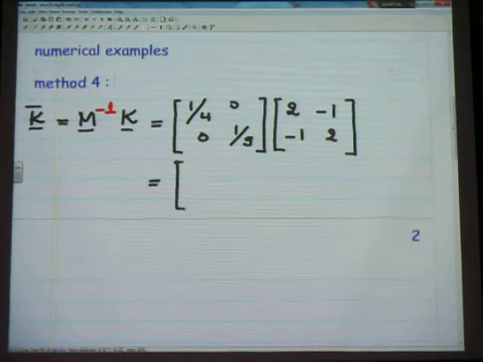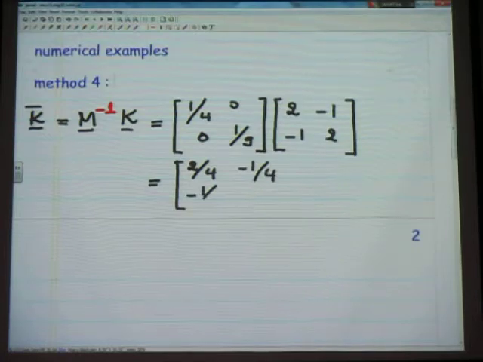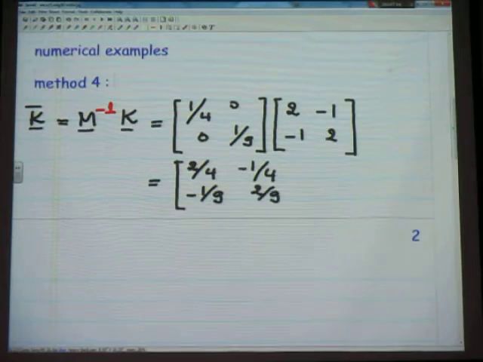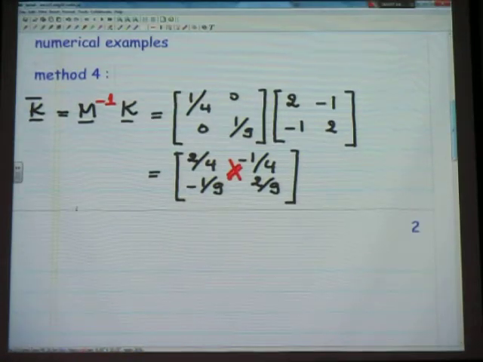That's 2/4, minus 1/4, and then minus 1/9, 2/9. Clearly this is not symmetric. So that's the example for method 4.